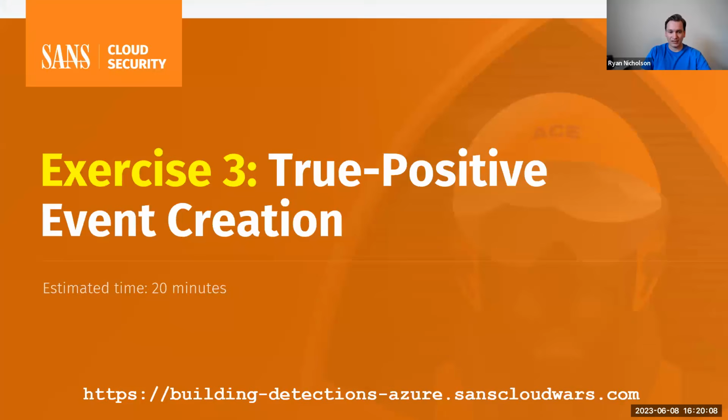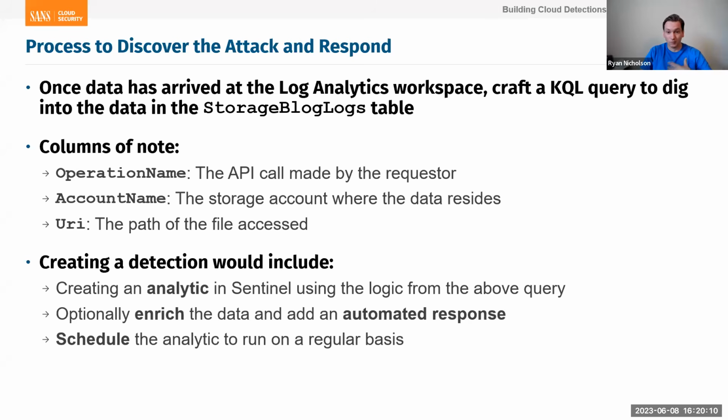Now we're going to move into exercise 4, really where the magic's happening, where we're creating a detection rule. We're going to uncover what was going on here, create that detection rule, create an automation, and then we'll test it out in the final exercise.